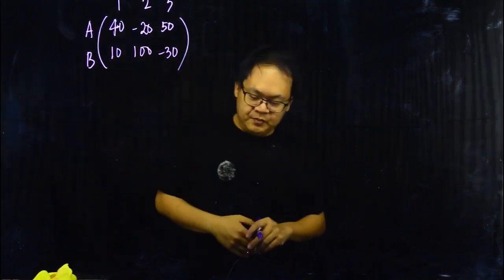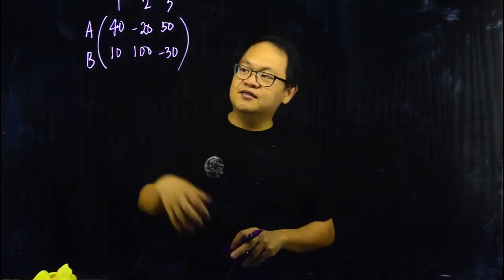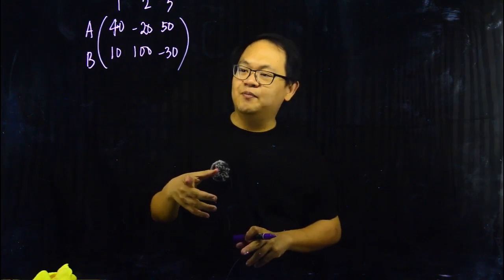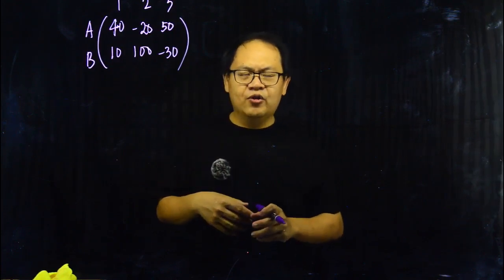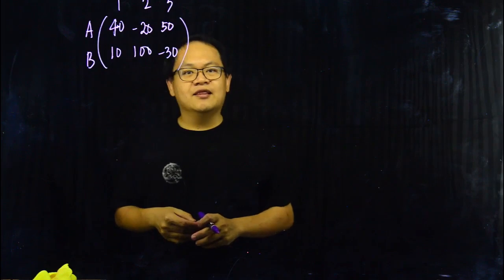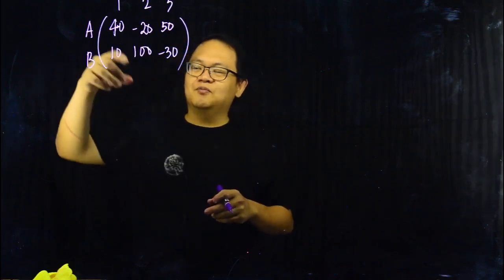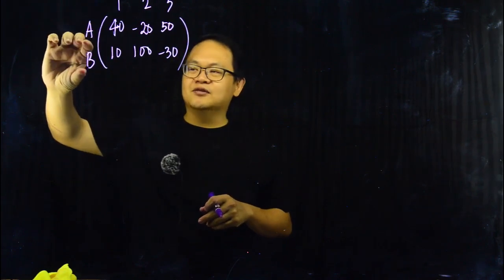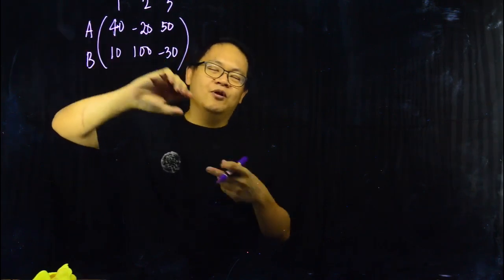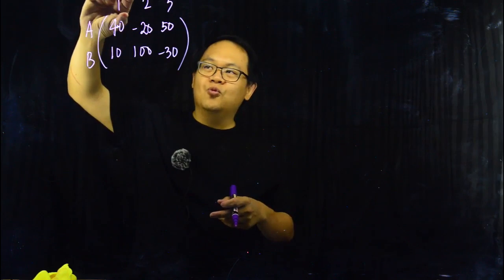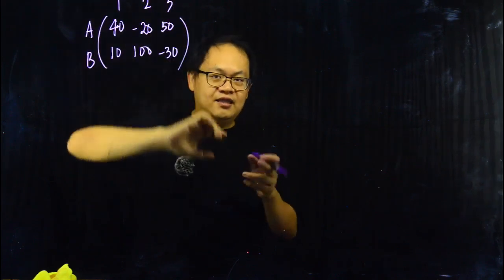Okay. Now, as I've said, this problem doesn't have a pure strategy. Now, the question is how do we get the optimal mixed strategy? What percentage should player 1 do A and what percentage should player 1 do B? What percentage should player 2 do 1, 2, and 3? That is our goal right now.